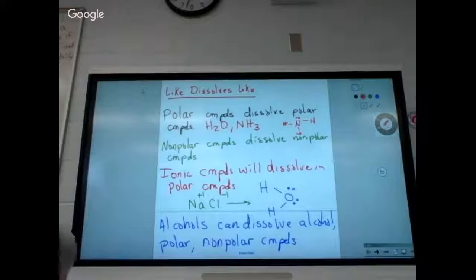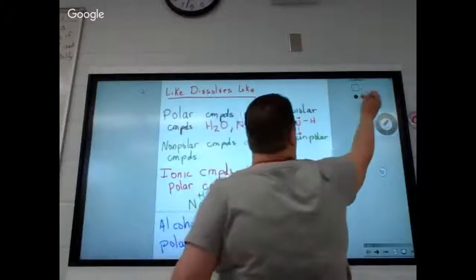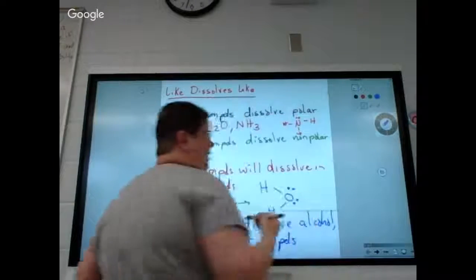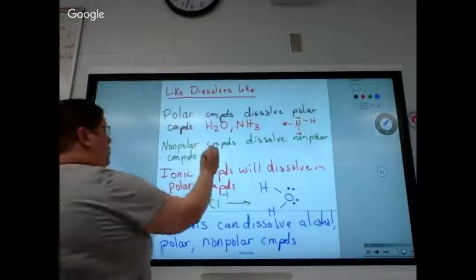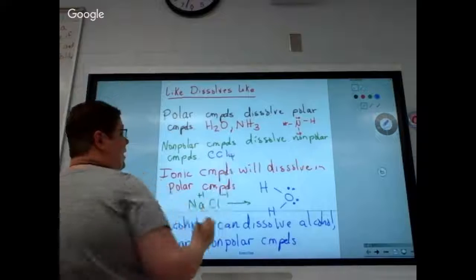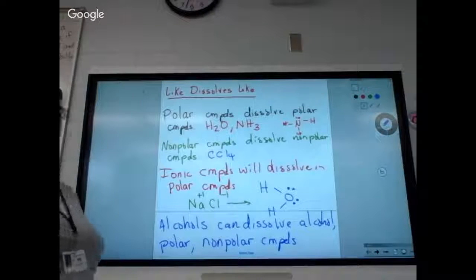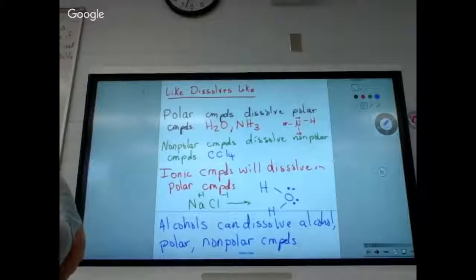Non-polar liquids, for the most part, we don't know a lot of them because we haven't done a lot. CCl4 is one of the ones we did do. It has 4 chlorines, and there are no lone pairs. If there are no lone pairs and all the bonds are the same, it's going to be non-polar.